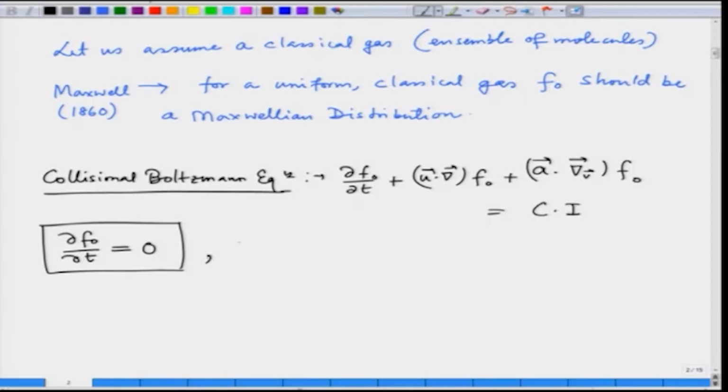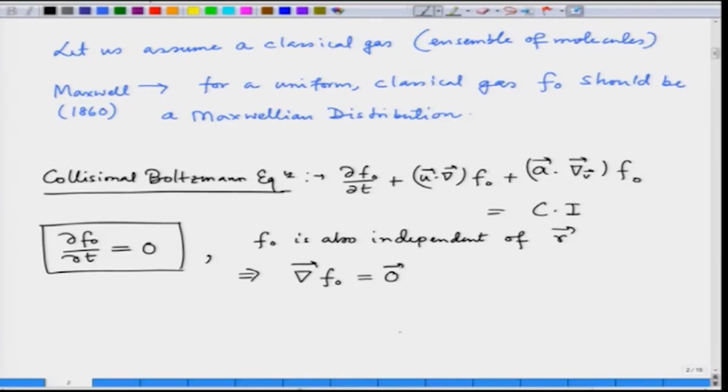And again we can say that the equilibrium distribution function is also independent of R. That means the gradient of f0 is also 0.